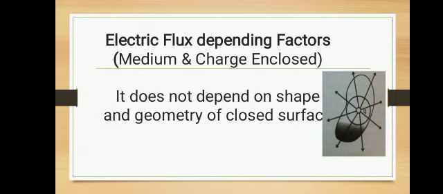So these are the electric flux depending factors. Electric flux depends only on the medium and charge enclosed. Electric flux, the electric field lines passing through any area, depends on medium and charge enclosed, and it does not depend on the shape and geometry of the closed surface.